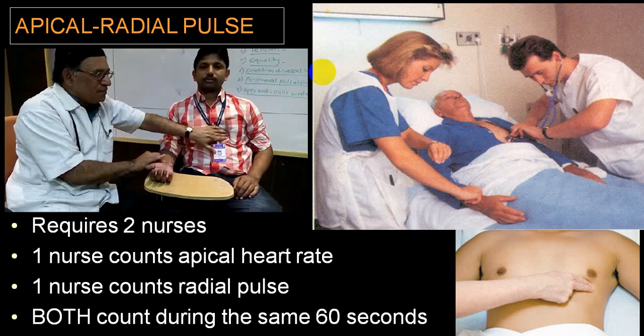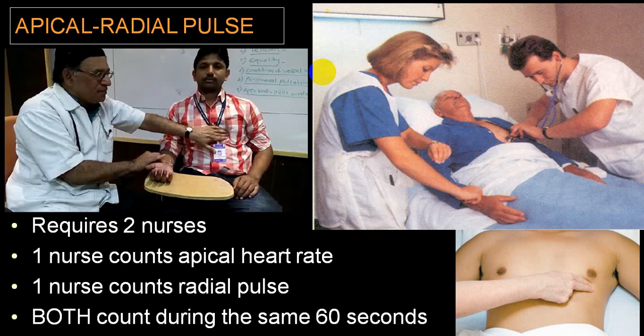So apex rate is equal to pulse rate. If you look for pulse and apex beat together, whenever the apex beat is palpable, simultaneously the radial pulse will also be palpable. We'll say that there is no apex pulse deficit, or apex pulse deficit is 0, meaning apex rate is equal to pulse rate.